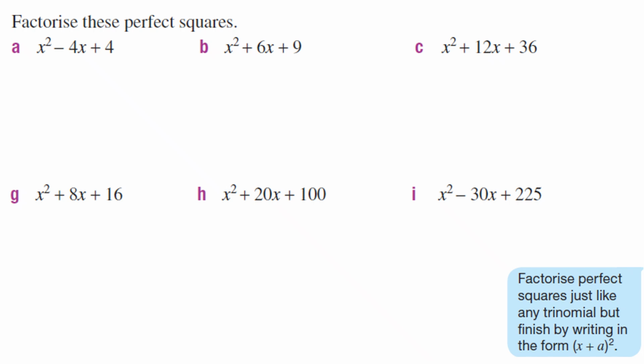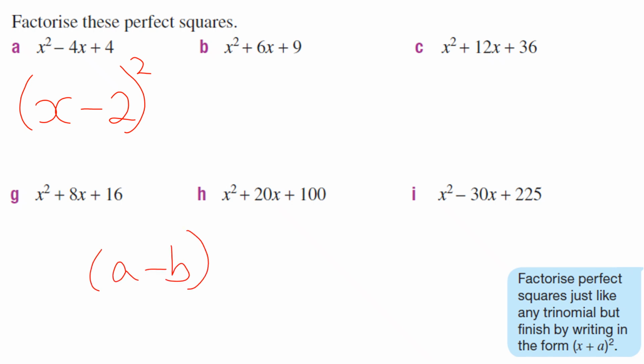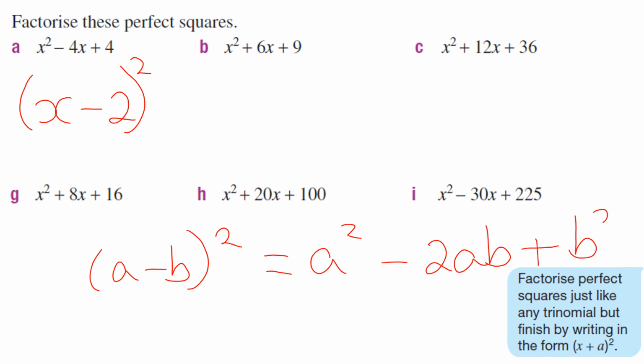Now we're going to look at some perfect squares and factorise them. We look at this. This one here is going to be x minus 2 all squared. We think back to that formula that we had several slides ago, where if we've got a minus b all squared, it equals a squared minus 2ab plus b squared.